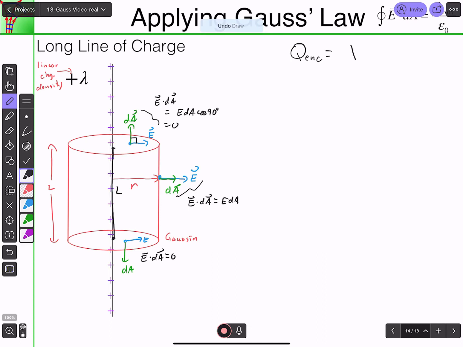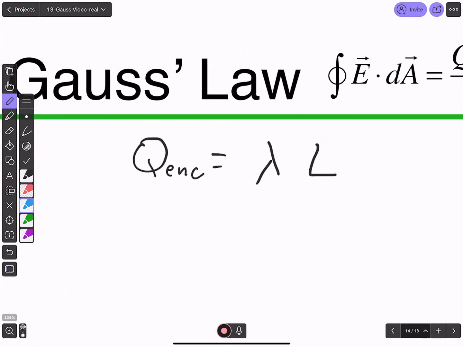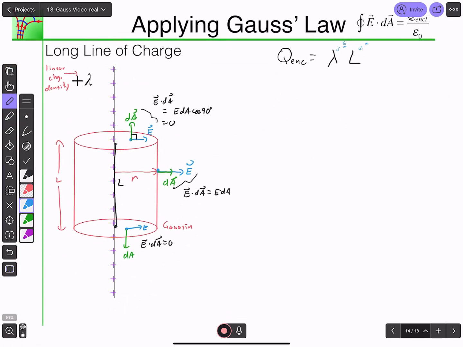So Q enclosed will be lambda, charge per unit length, times L. Keep in mind that lambda is in coulombs per meter, and L is in meters. So when you multiply them together, you get the amount of charge that is inside.